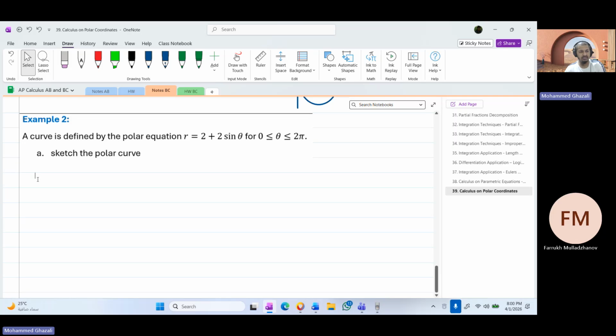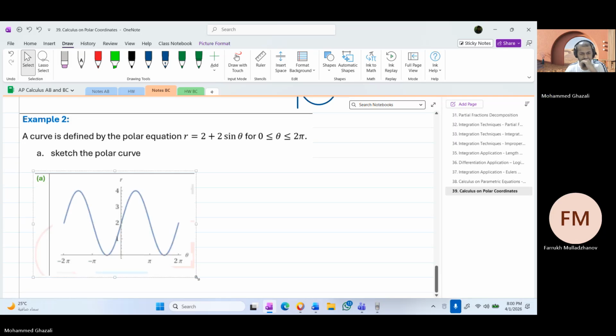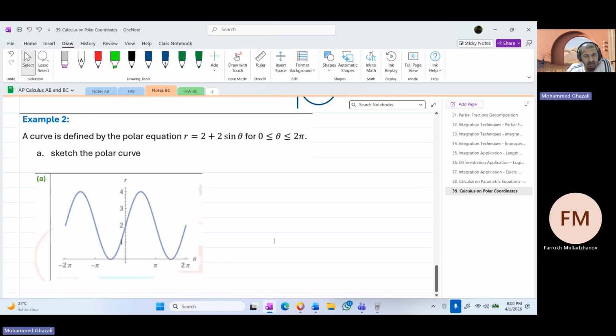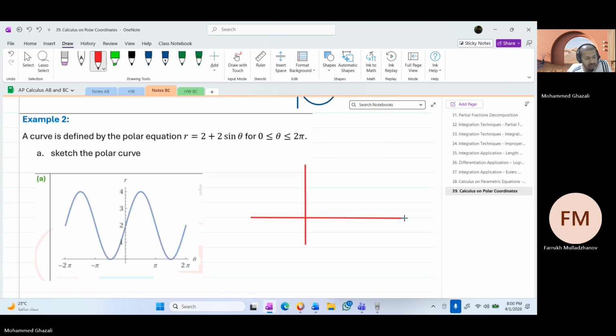We can check each point. So this is r and that's theta. Now, remember, the original function is 2 sine theta. So what we are doing is looking at this graph here, the original function r equals 2 sine theta. I'll do it again for you, how to sketch this graph. You know the sine graph starts from here.